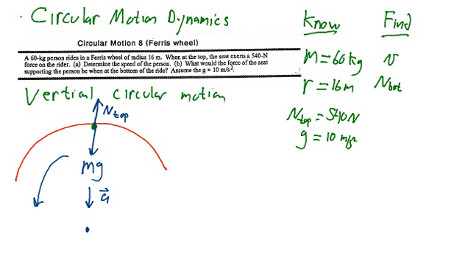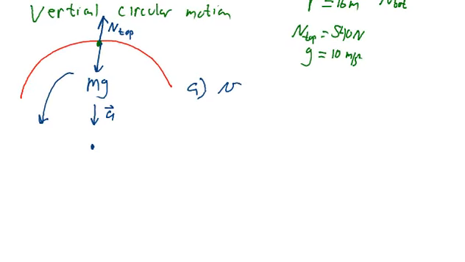Alright, and so we need to use Newton's second law and some of the circular motion kinematics in order to solve this problem. So the first thing that we want to do is to find the velocity v. Alright, so let's go ahead and write down Newton's second law, and that will account for the forces that act, and then we'll see what we need to do with the kinematics.